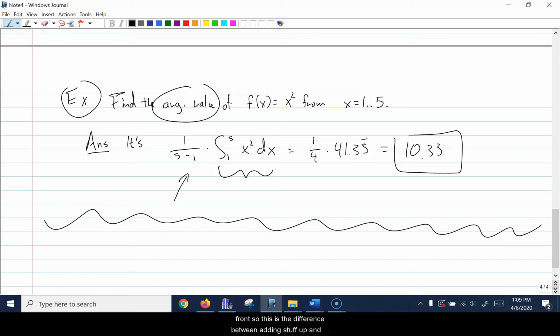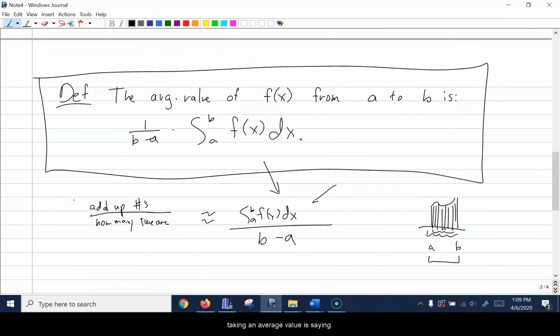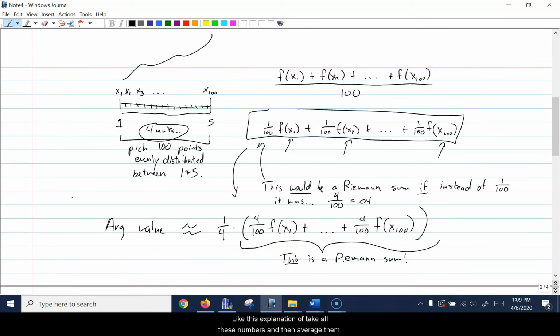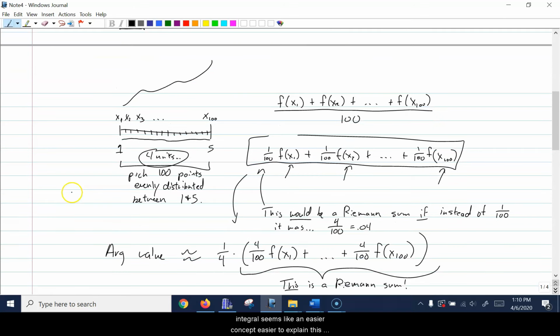A thing I like about average value is that this explanation of take all these numbers and then average them is way easier to explain than a Riemann sum. If I was writing a calculus book, I might talk about the definition of average value before moving on to the integral. It seems like an easier concept.